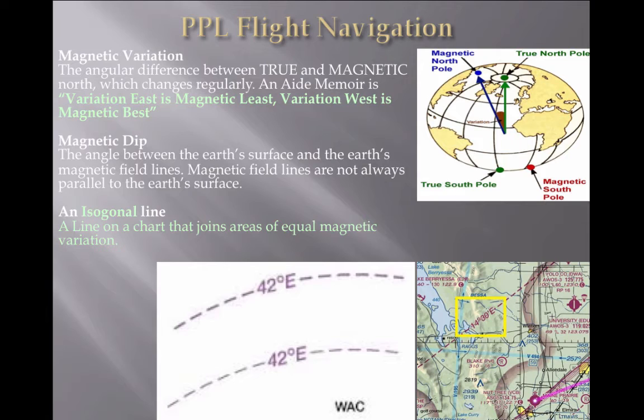These indicate the magnetic variation that we need to take into account when planning flights and using compass direction or true direction, and when we're given various pieces of information of magnetic direction, which we will go through in an example in this particular slide, which will show us how to convert between these. But it is important that we can easily define and access the closest isogonal line to our flight areas.